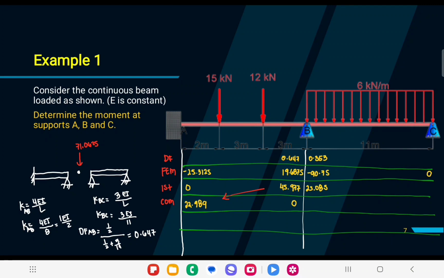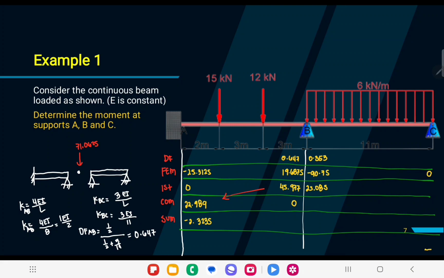So, after nyan, meron na tayong one cycle na tinatawag. Therefore, we just have to sum up these moments sa nakalagay ito sa table natin. Okay? Ayan. Lagay ko dito. Sum. Okay? So, kapag sinum ko yan, itong part na to, 25 plus 0 plus 22.89 is negative 2.3235.